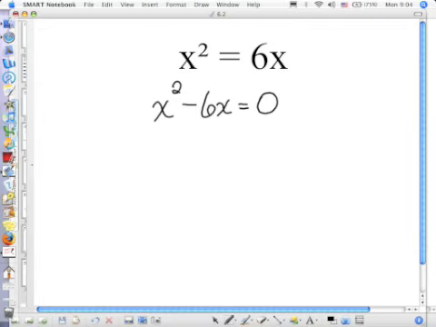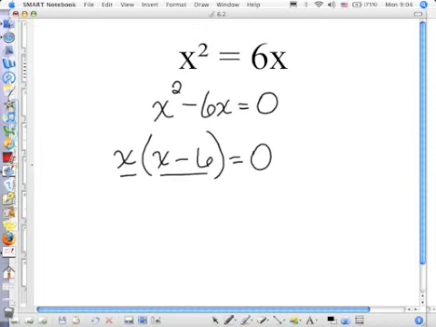How do we factor this specific thing? The equals 0 part is not part of the factoring, only the left-hand side. Greatest common factor. What is it? X. If you factor out an x, this is still the same equation. I've just pulled the left-hand side apart, and I have created two factors.